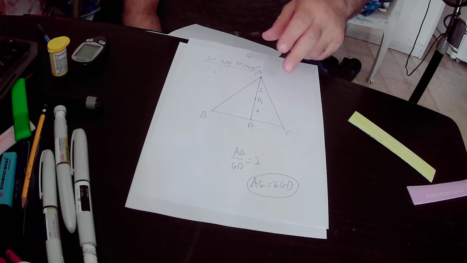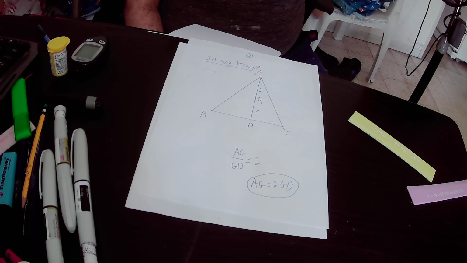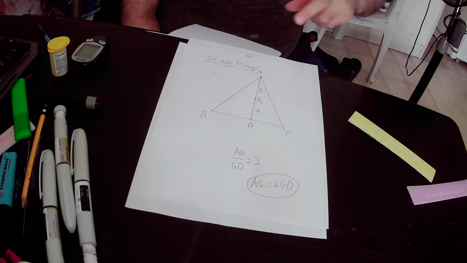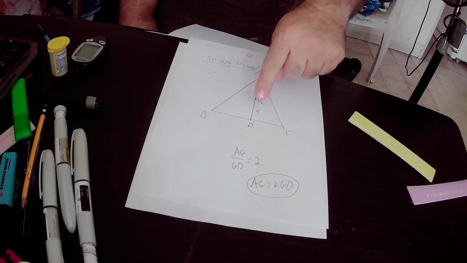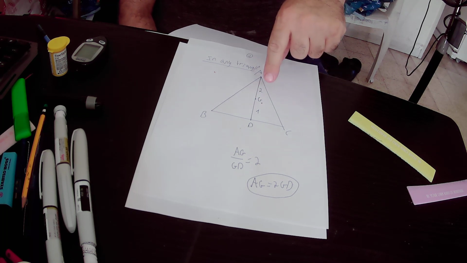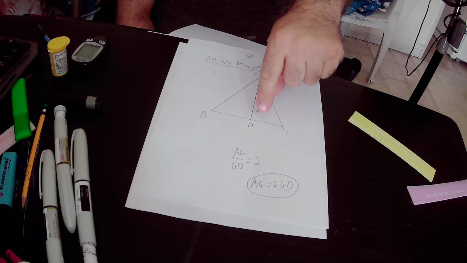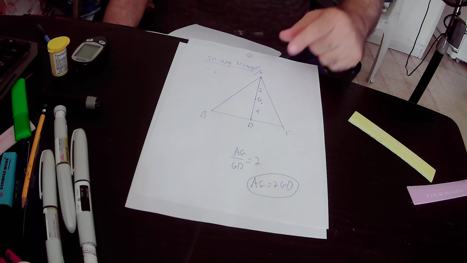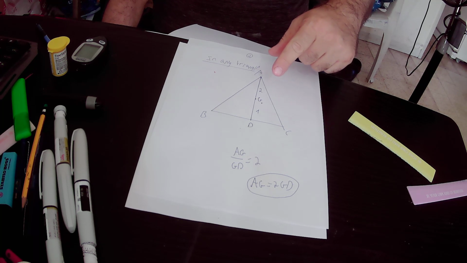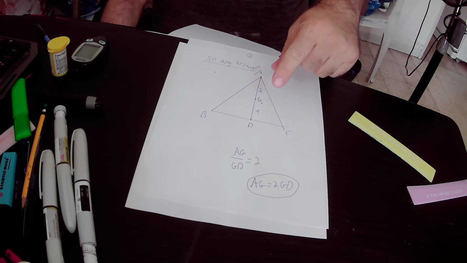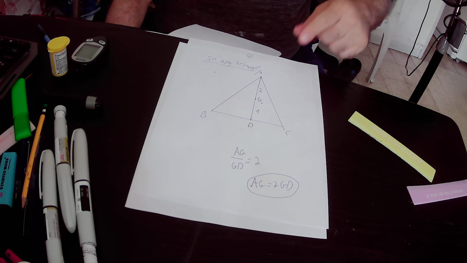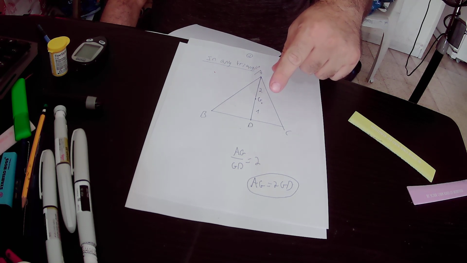according to that rule, the centroid G divides the median AD in a ratio of 2 to 1. That is to say, if AG equals 2 units, then GD will be equal to 1 unit. AG is twice as large as GD, or AD equals 2 times GD.